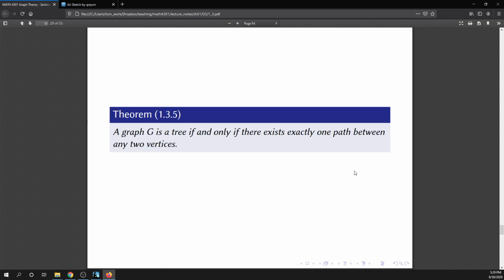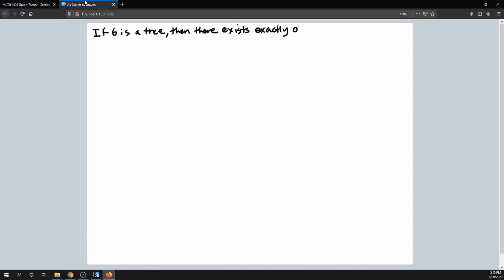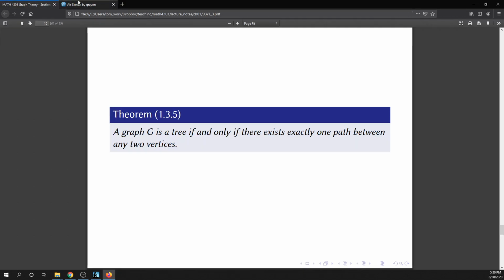The first direction is that if G is a tree, then there exists exactly one path between any two vertices.